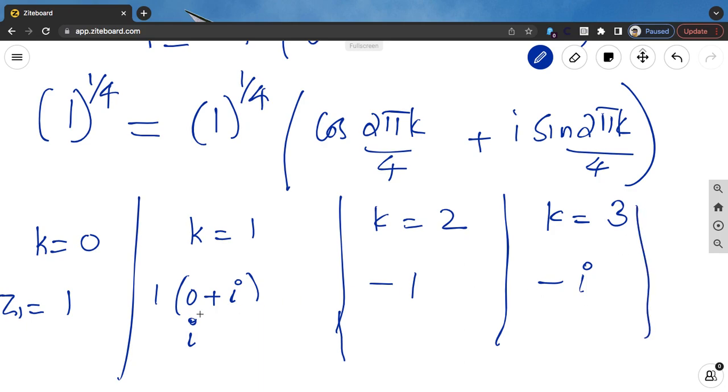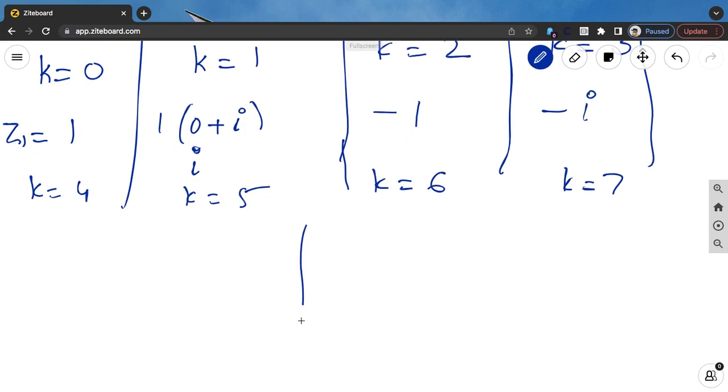After 3, if I put k equal to 4, I will get the same value as 0. If I put k equal to 5, I'll get the same value as 1. K equal to 6, k equal to 7, and so on. So there's no point repeating any values of k now. So I got my 4 roots of unity. Where are my 4 roots of unity?